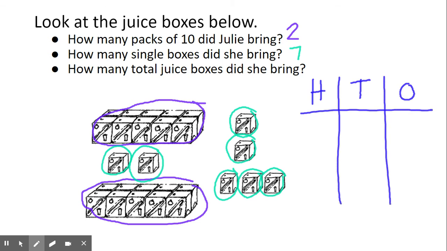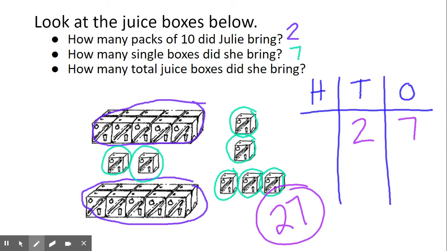And we know that Julie brought in 2 packs of 10. So I will put the 2 there because she brought in 2 packs of 10s, and that goes in my tens place. And she brought 7 individual ones. What number does that make? Right. Julie brought 27 juice boxes.